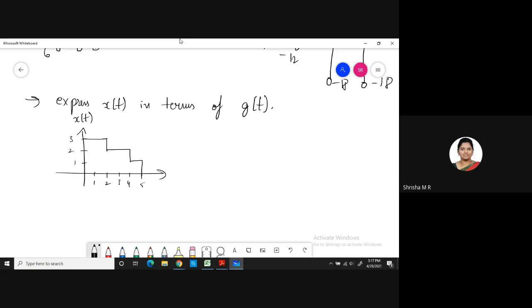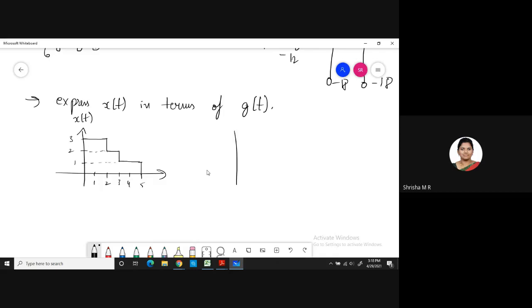Sorry, I have done it wrong. From 2 to 3, it changes, and from 3 to 5, the amplitude is 1. Okay, this is the x of t. Here it is 2, here it is 1.